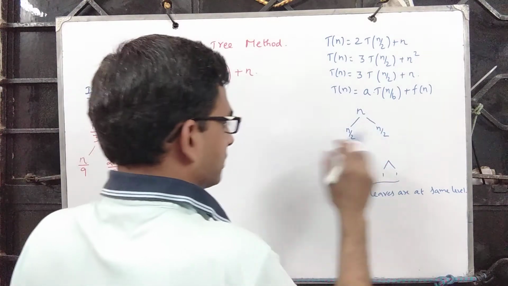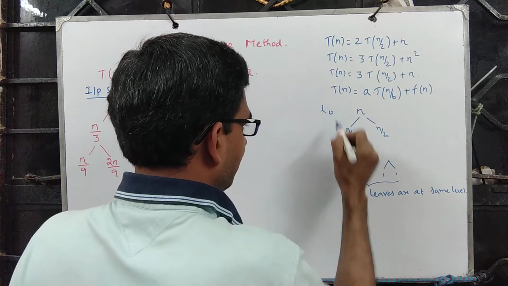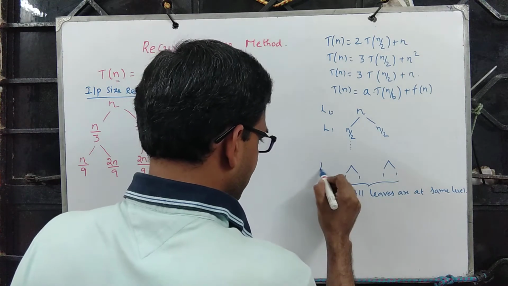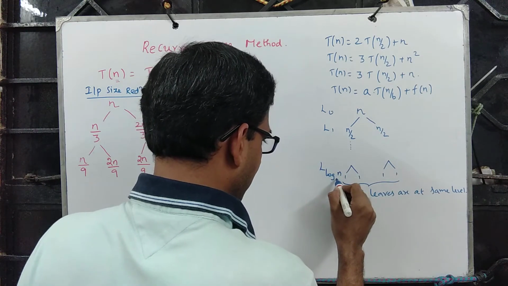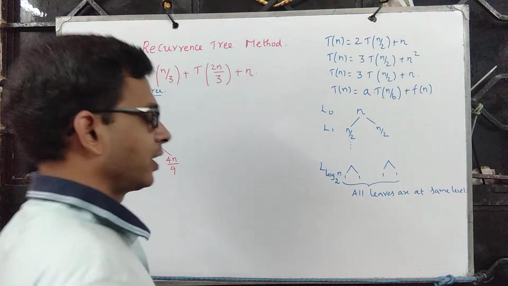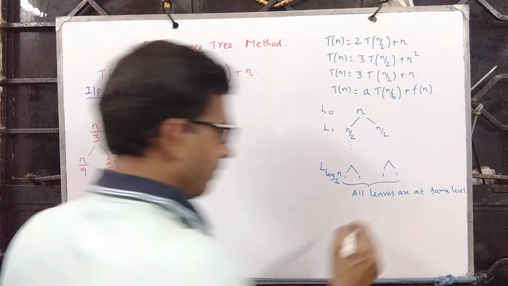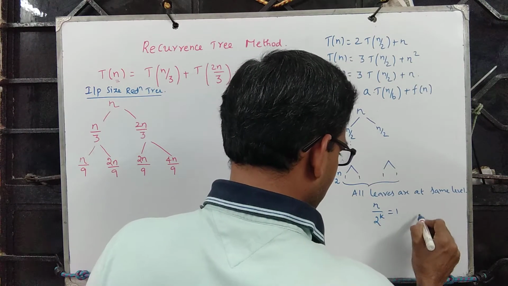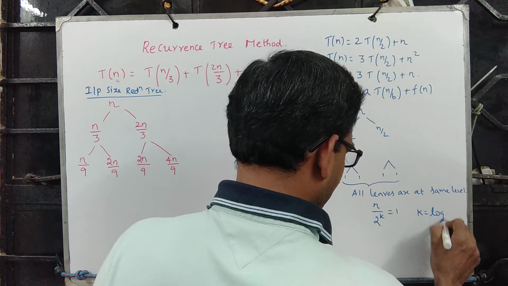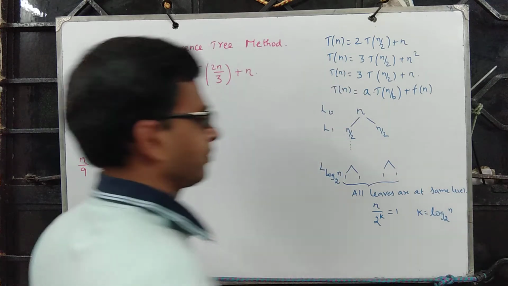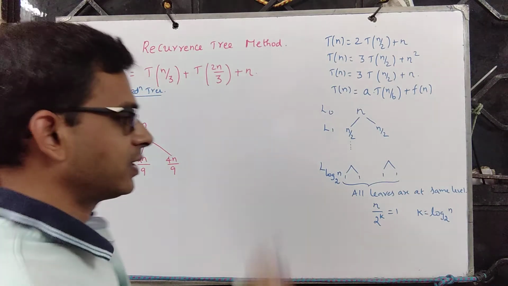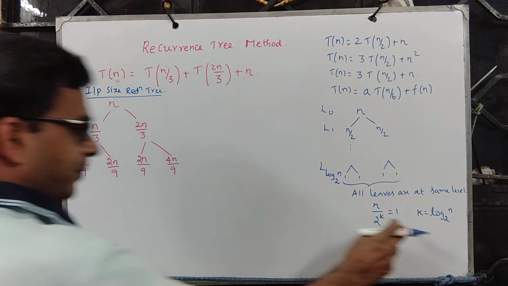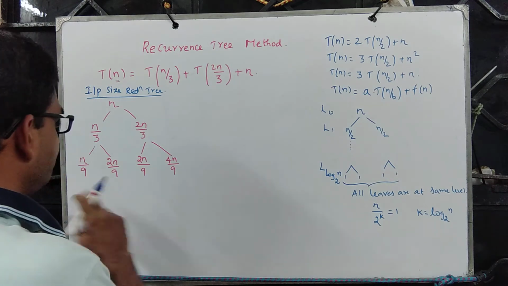When we looked at this, we said this is at level 0, this is at level 1, and when do you get to see the leaves? This happens at log n base 2. So what is the value of k such that n by 2 power k is 1? We saw that k was log n base 2, and this was the case with other case studies as well. You apply that logic over here as well.